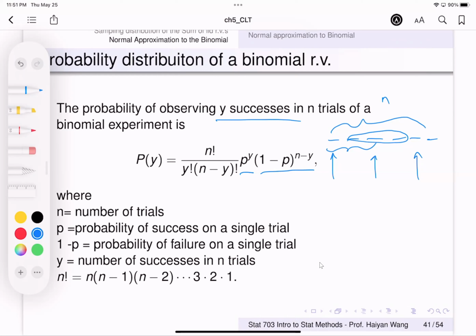For this combination number, if n is small, it's pretty easy to calculate. But if n is large, then the computation could be pretty difficult. For example, if n is 100, the calculation of 100 factorial will be difficult.